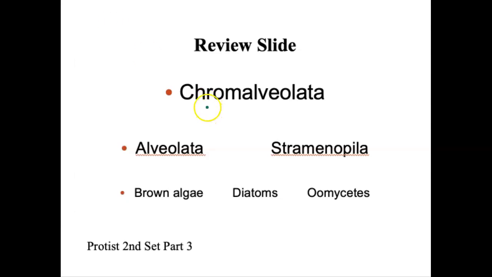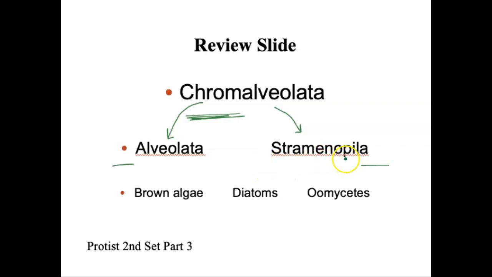All right, what is the key feature of chromoalveolata? Can you list out that key feature right there? What feature is required to go to alveolata? Do you know that trait? What feature goes there? What feature do we need to go to straminopila, or to straminopiles? What feature goes here?